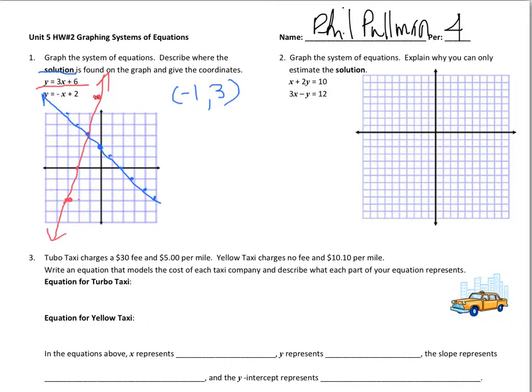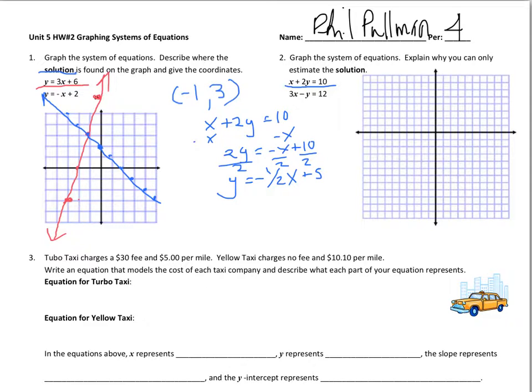So for instance, x plus 2y equals 10. That's this one right here. I subtract x from each side, and I get 2y equals negative x plus 10. I divide everything by 2, and I get y equals negative 1 over 2x plus 5.